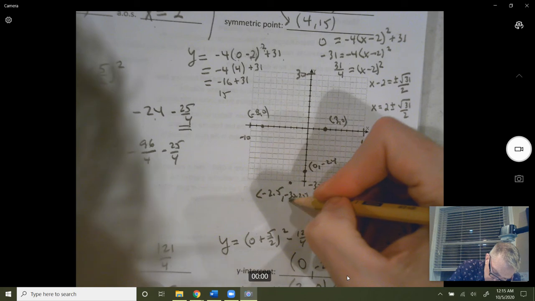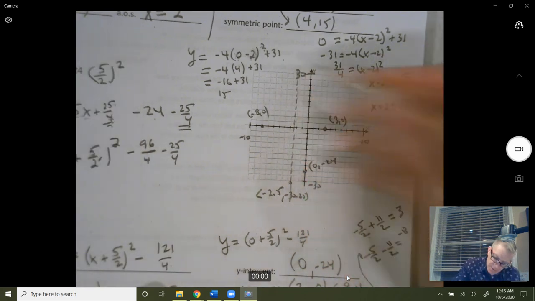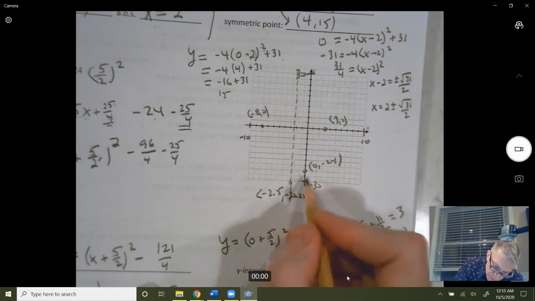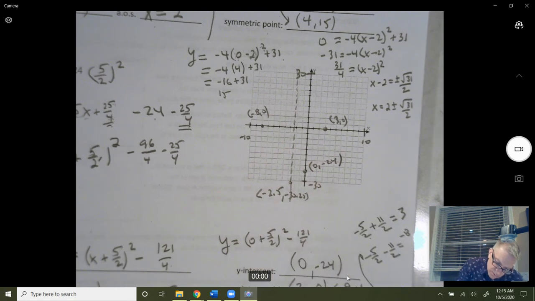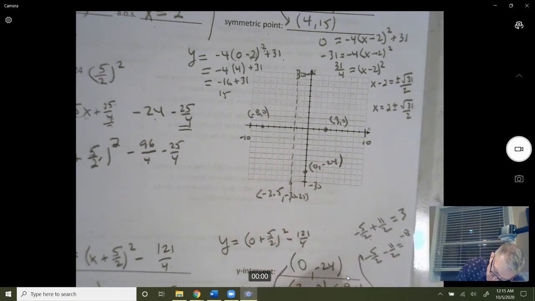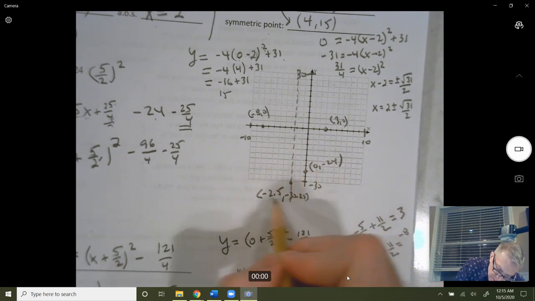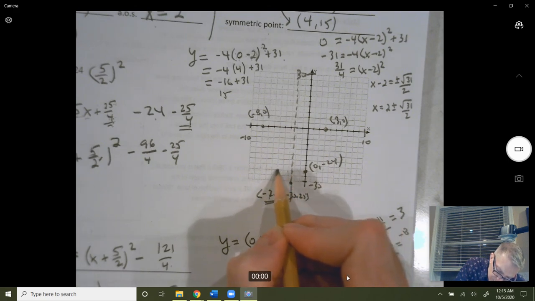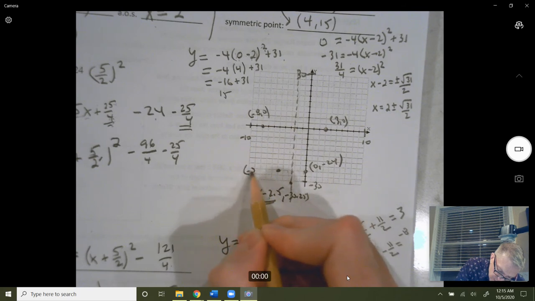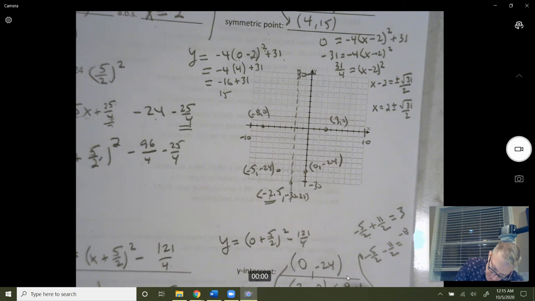It's negative 2.5. And my symmetric point, which should be symmetric. Now notice this y-intercept. I'm going to do the symmetric point with the y-intercept. It's 2.5 away from this line, because remember this line is at negative 2.5, so it should be 2.5 over, right about there. That should be (negative 5, negative 24).